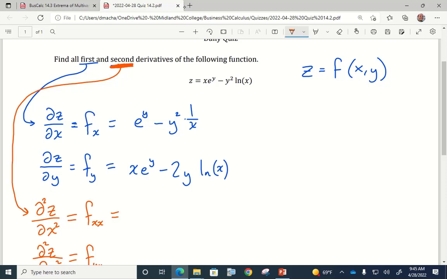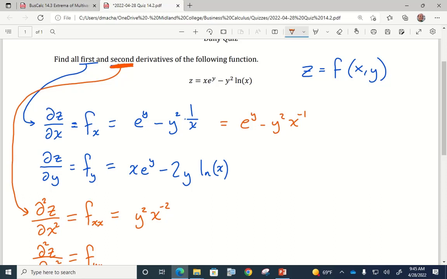And then 1 over x is the same thing as x to the negative 1 power. I like thinking about it this way because I can use the power rule, and x to the negative 1 power becomes negative x to the negative 2 power. And so I can write this as negative y squared x to the negative 2.